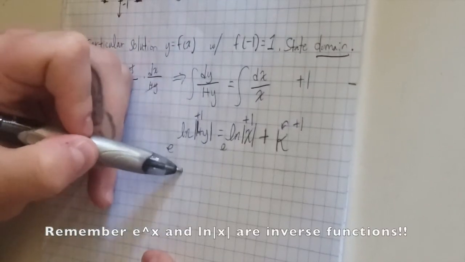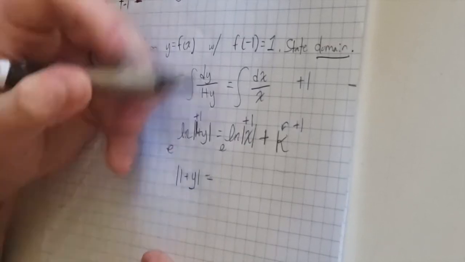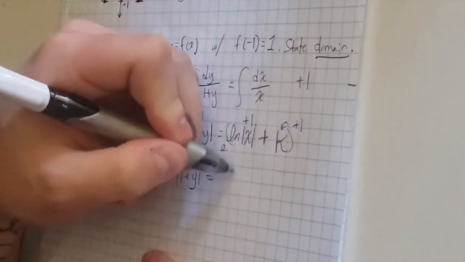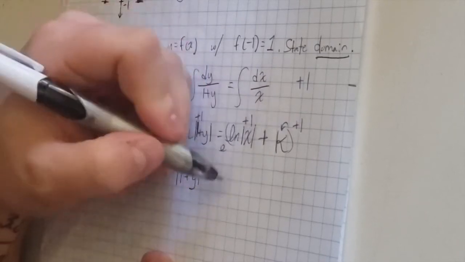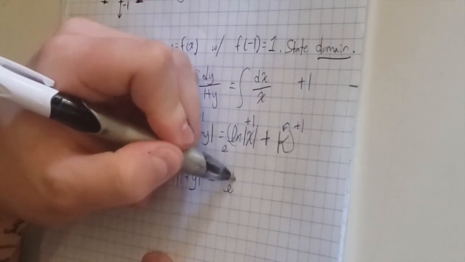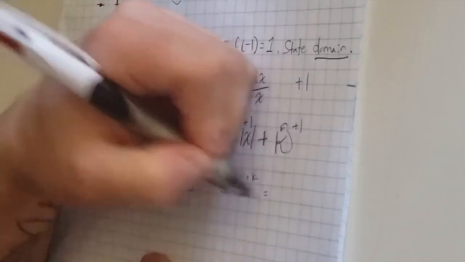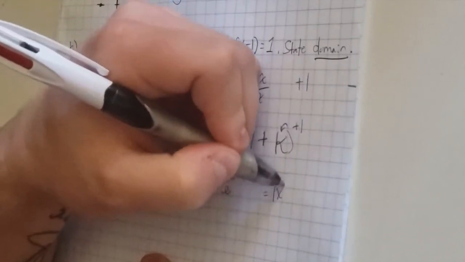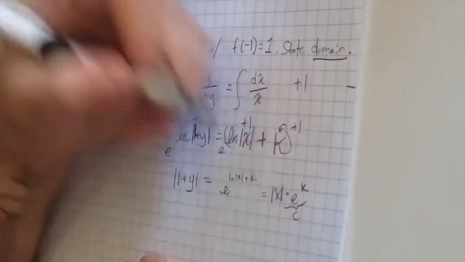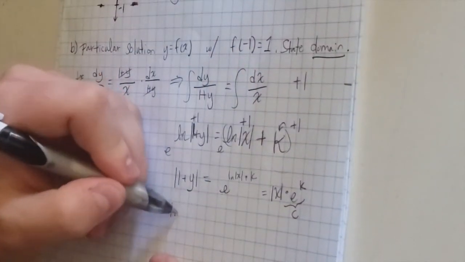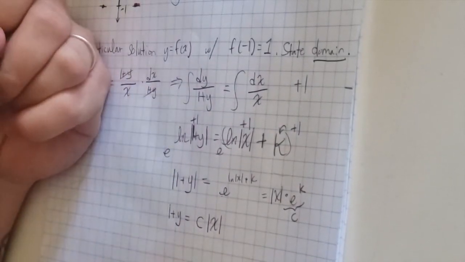So I have the absolute value of 1 plus y is equal to, and remember this is for the entire thing, e to the natural log of x plus k. This can be split, so we end up with absolute value of x times e to the k, which becomes c. So I have the absolute value of 1 plus y equals c times the absolute value of x.